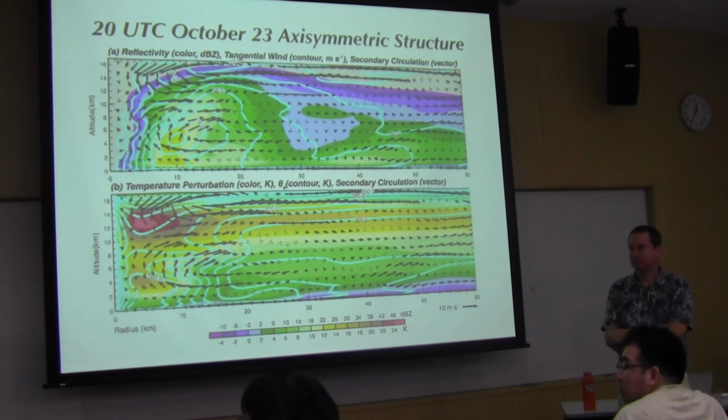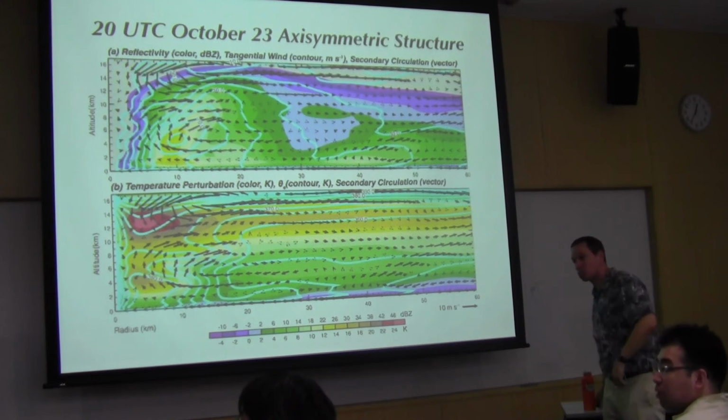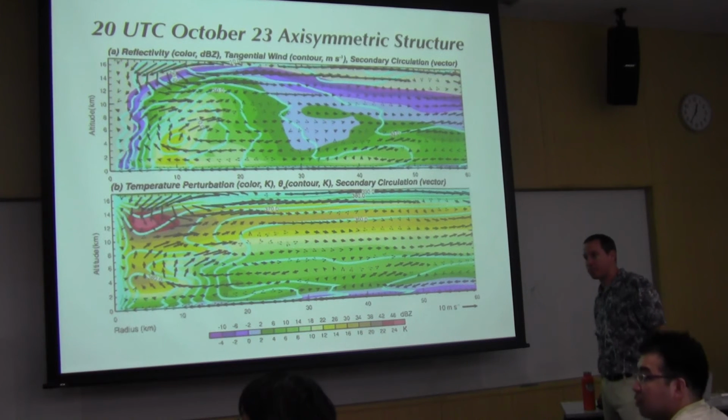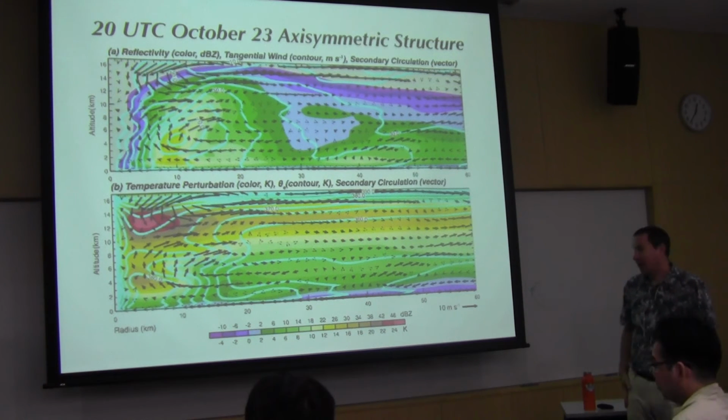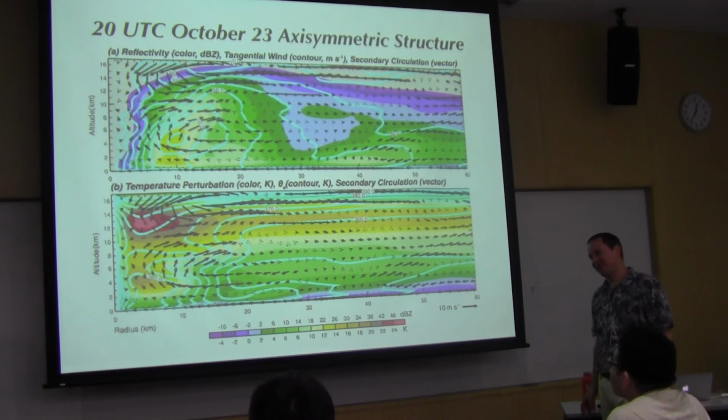Could you tell me what the size of a typical warm core is? I think it varies significantly, yeah.